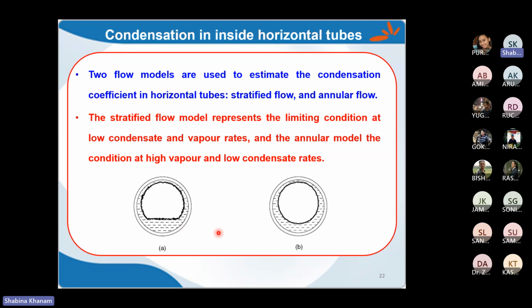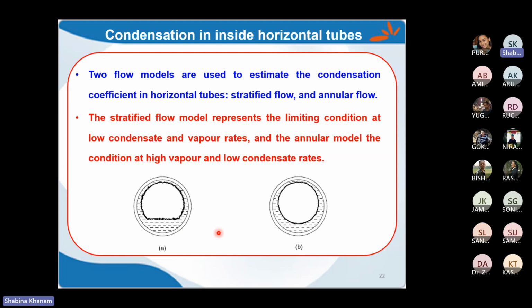So when we are considering condensation inside a horizontal tube, you actually cannot visualize inside the tube, which type of model is forming, stratified flow or annular flow. So you need to calculate the heat transfer coefficient of both flows and then choose the right one.